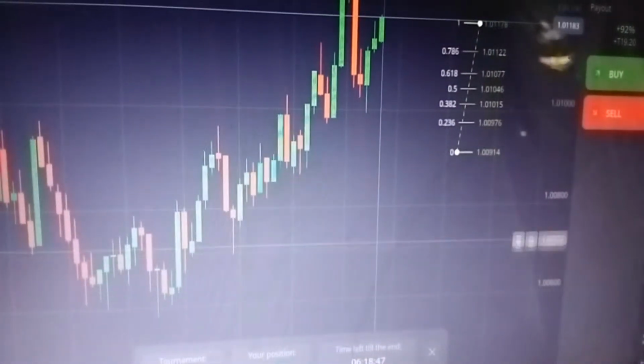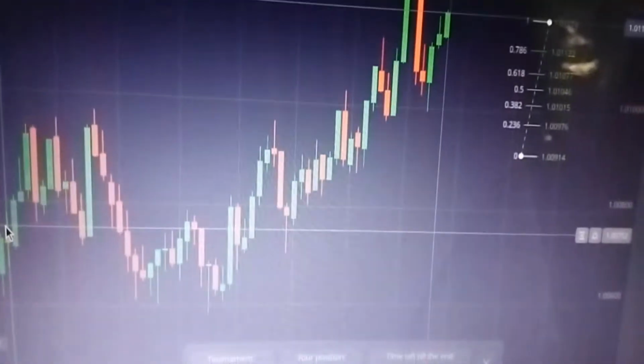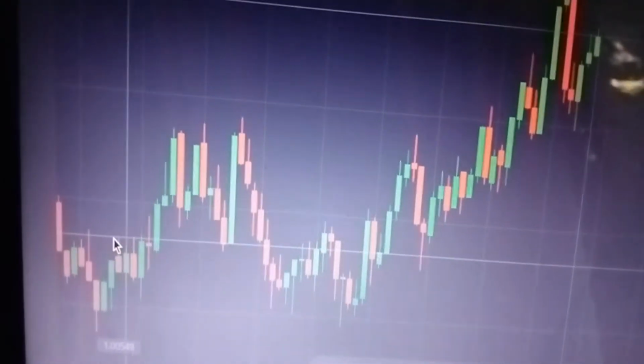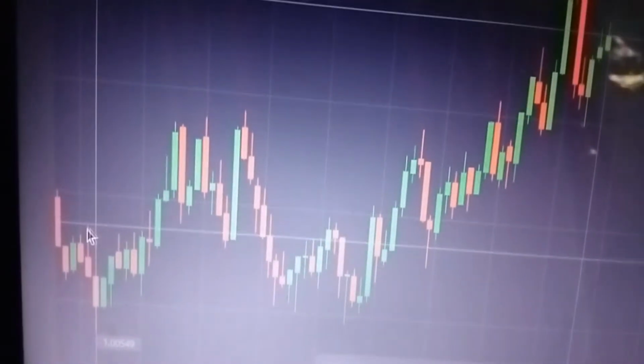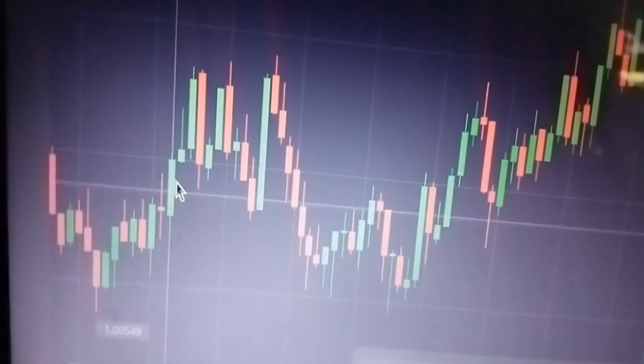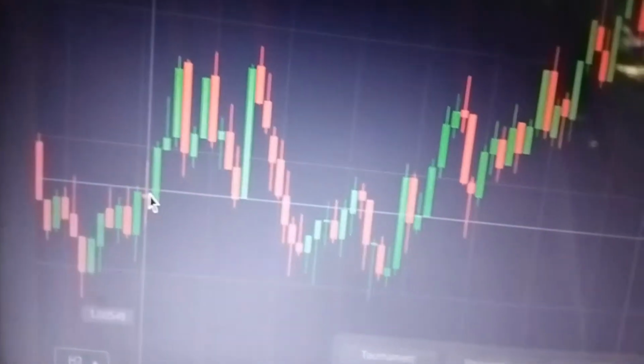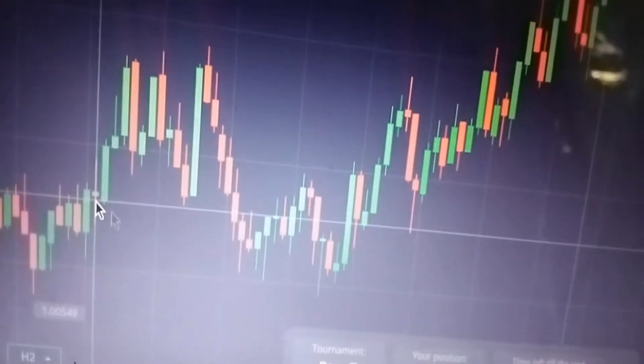Once this swing has been taken by this candle, can you see it? Okay, you can't. Now you can. So down there, what do you see? This swing high was taken by this bearish candle, and it closed below.